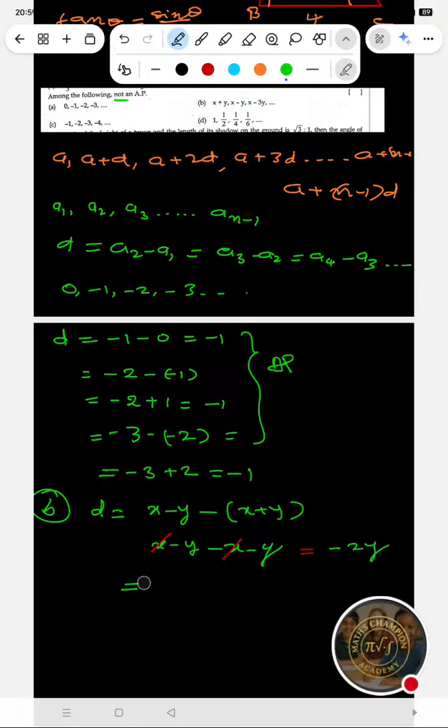If we take one more term, A3 minus A2, that is x minus 3y minus x minus y.